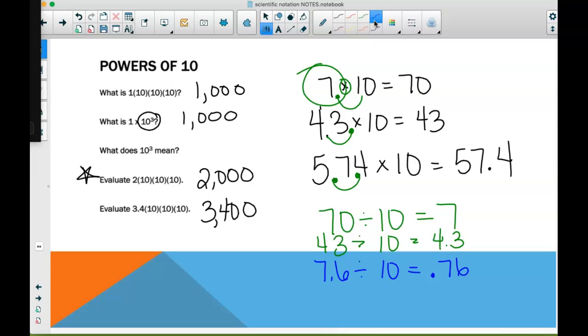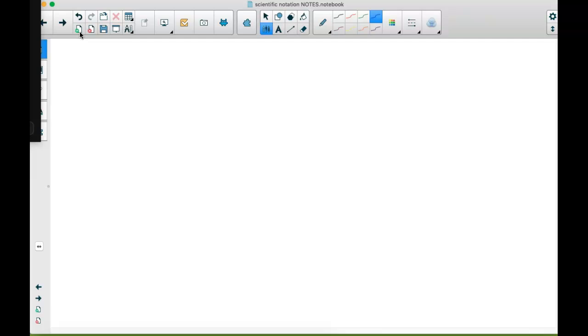So if I said 7.8 times 10 to the 5th power, how many times do I have to move the decimal? And some of you are doing this, right? I'd have to move it 5 times because I'm multiplying by 10 5 times.